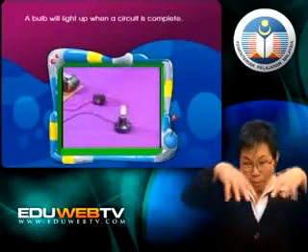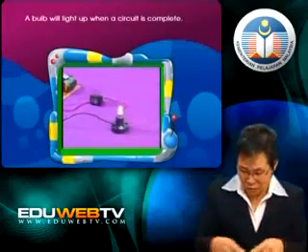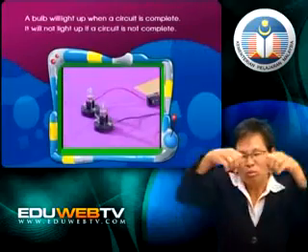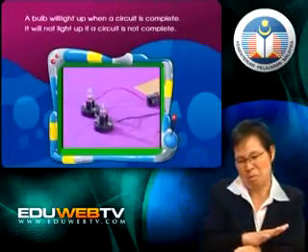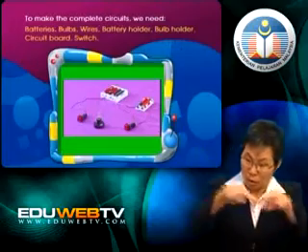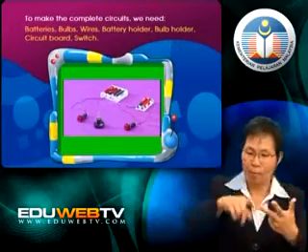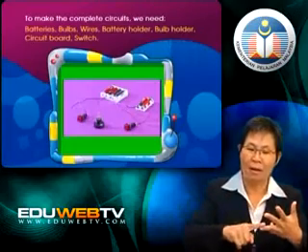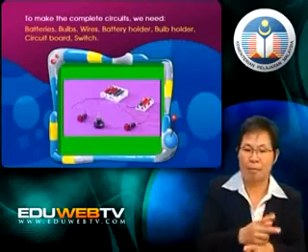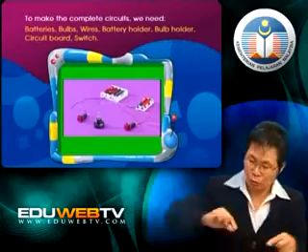A bulb will light up when a circuit is complete. It will not light up if a circuit is not complete. To make a complete circuit, we need batteries, bulbs, wires, battery holder, bulb holder, circuit board, and switch.